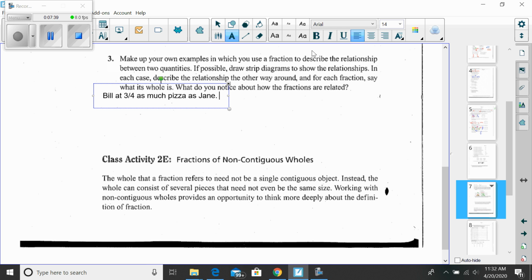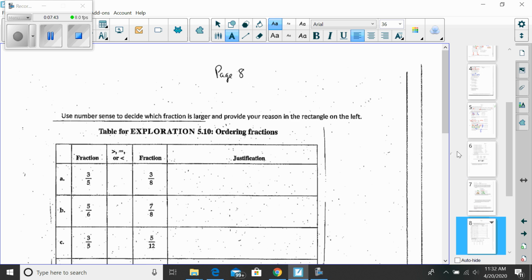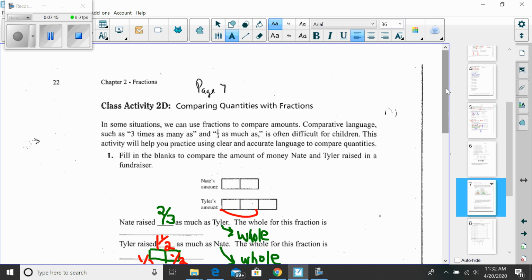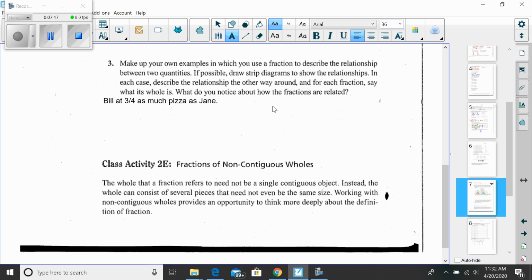Then I'm going to ask you to determine, if we compare back to Jane, Jane ate how many times as much pizza as Bill?